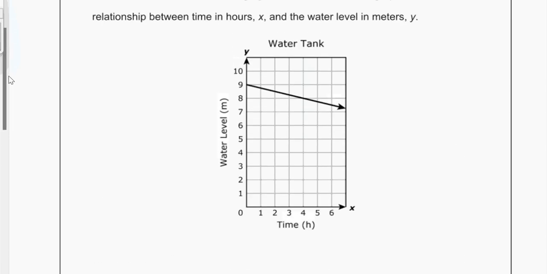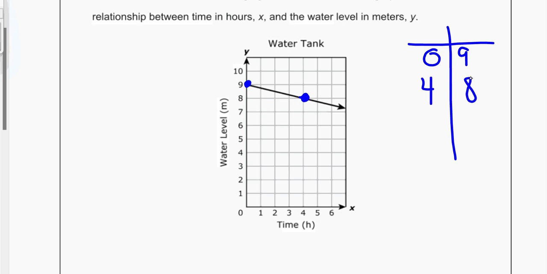So if I start at the beginning, I can see that at 0 hours, we have 9 meters of water. And then the next time I can really see a clear point is right here. And at 4 hours, now I have 8 meters.